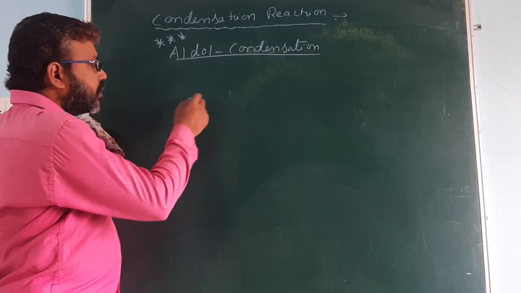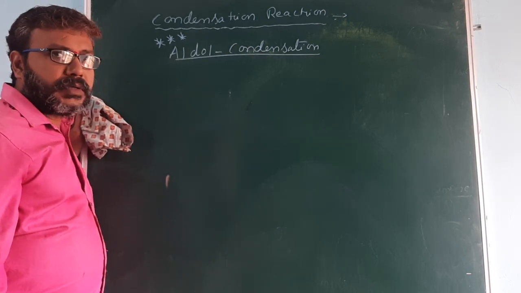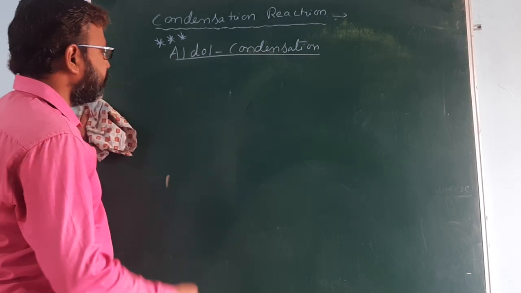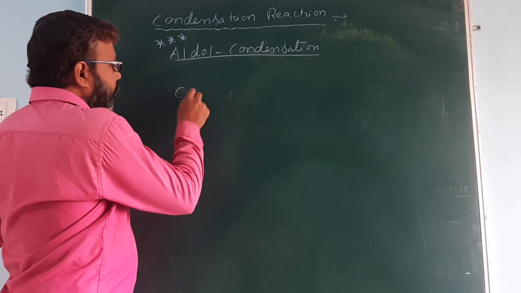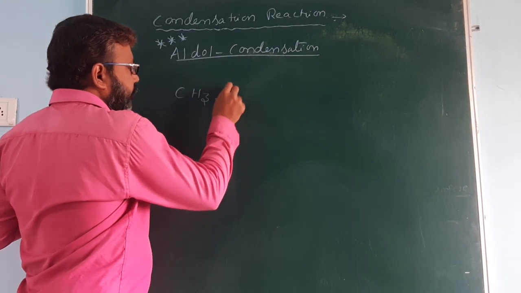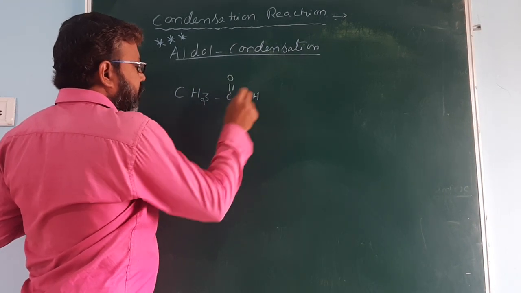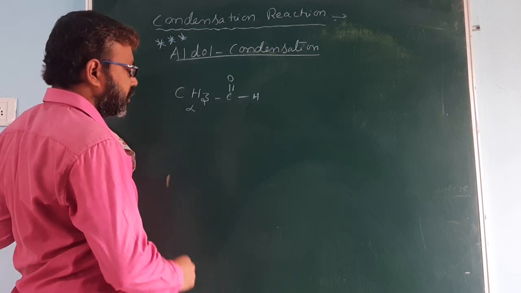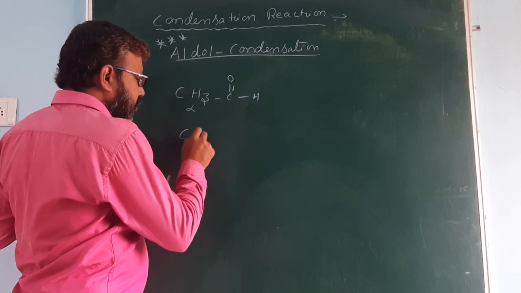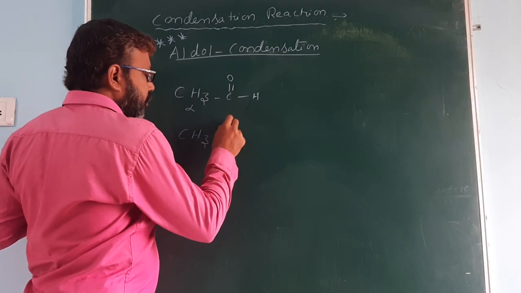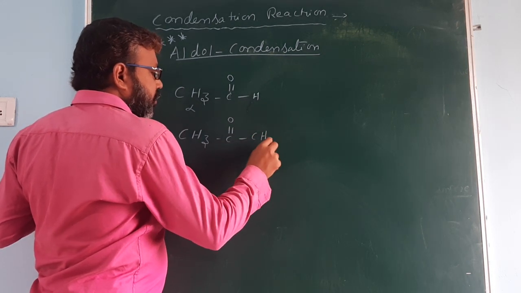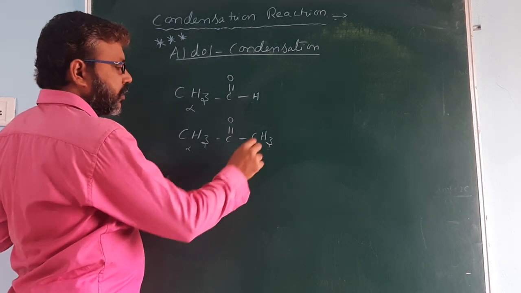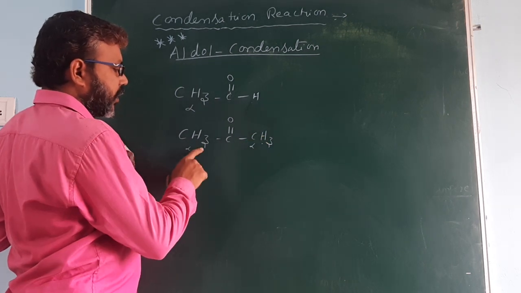Alpha hydrogen-containing carbonyl compounds undergo aldol condensation. For example, acetaldehyde has alpha hydrogens, so it is involved in aldol condensation. Acetone has 6 alpha hydrogens, while acetaldehyde has 3 alpha hydrogens.